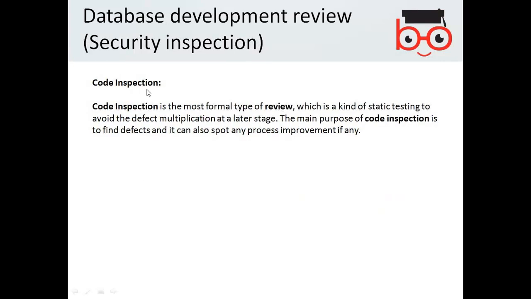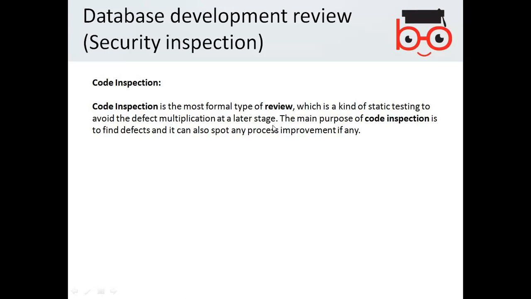Code inspection. Code inspection is the most formal type of review, which is a kind of static testing to avoid defect multiplication at a later stage.